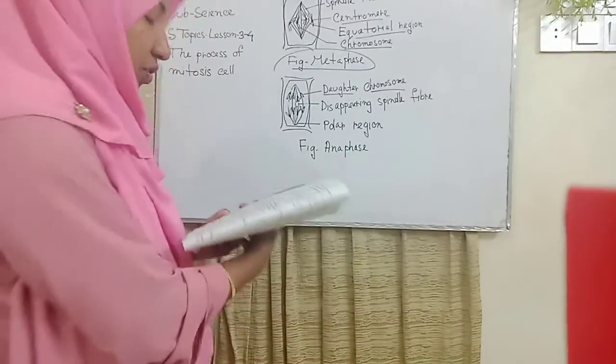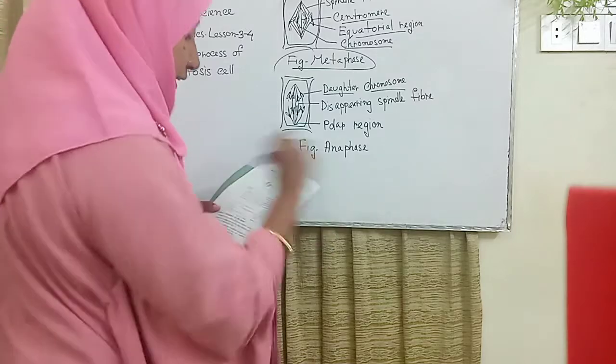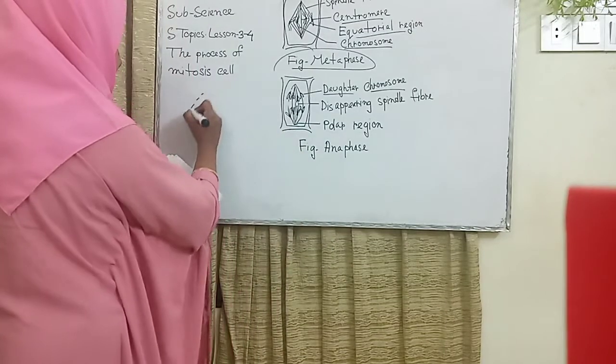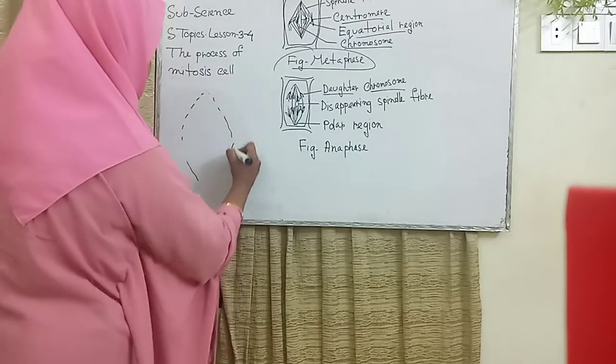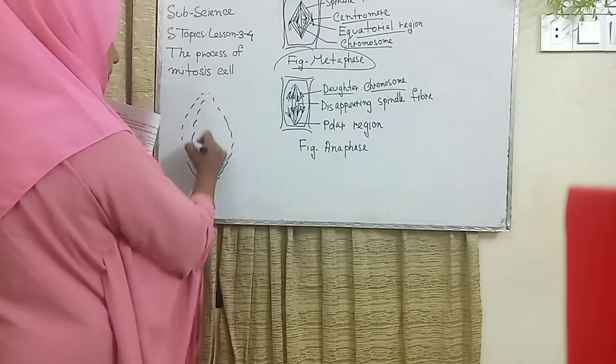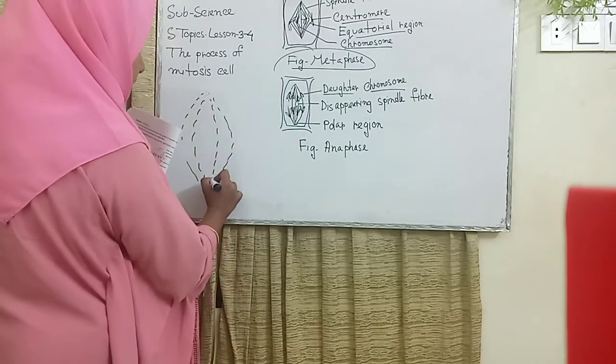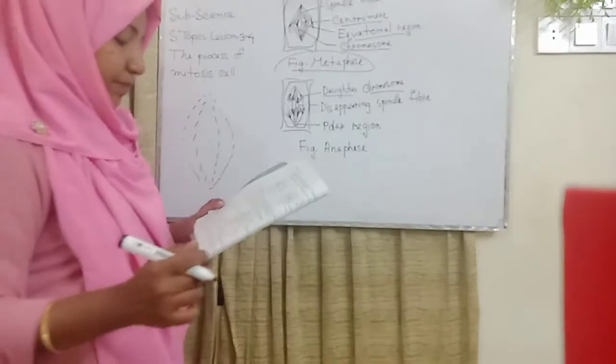Again, I draw when the chromatids split. I draw the equator, and the spindle apparatus is disappearing.